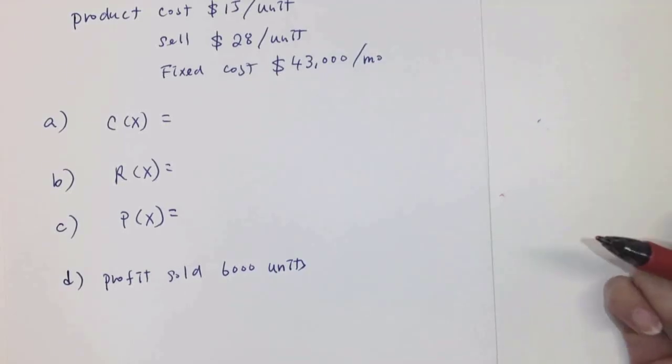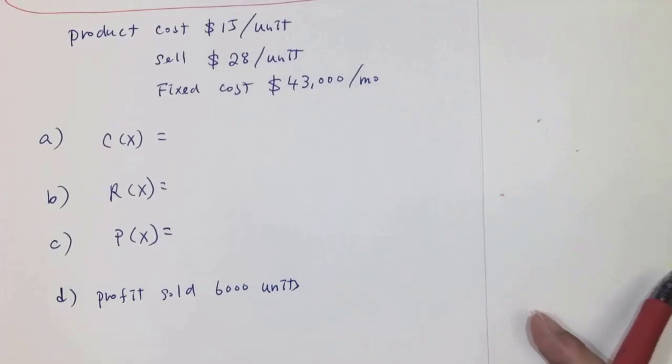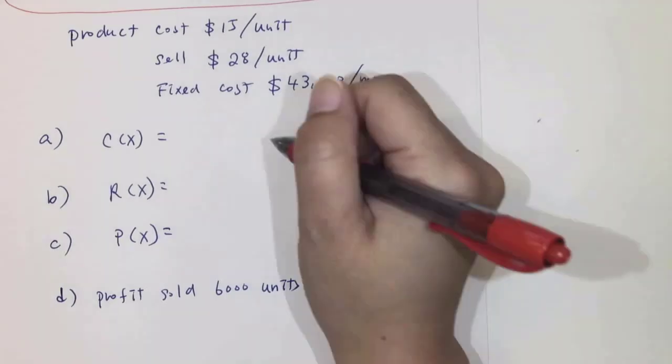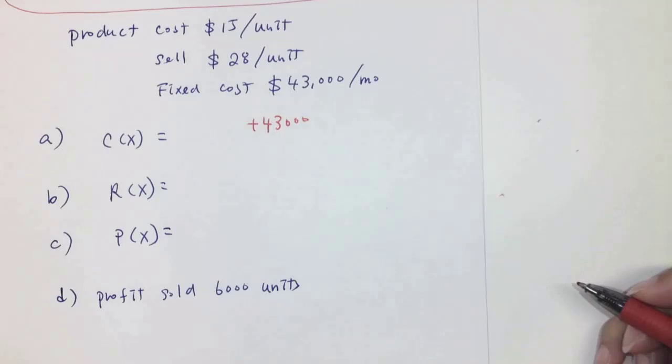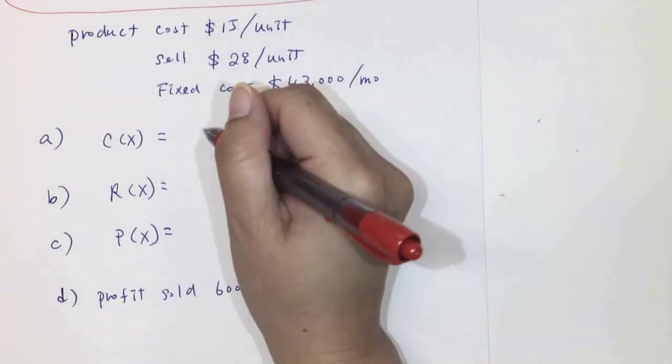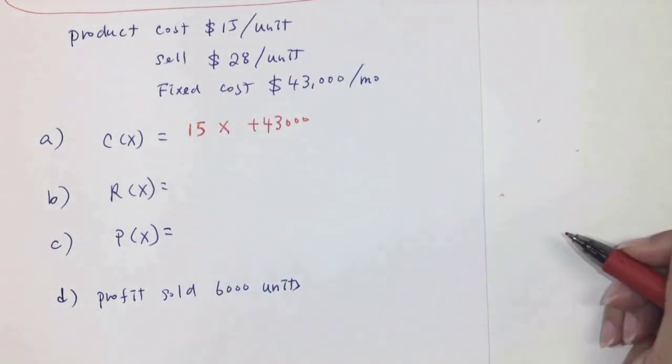Okay, cost function. You say variable cost plus fixed cost, right? What is my fixed cost? 43,000 needs to be there, right? How do I calculate the variable cost? Cost per unit, 15, times x. How many units we don't know, so it's going to be x.